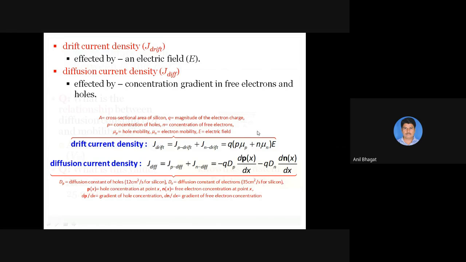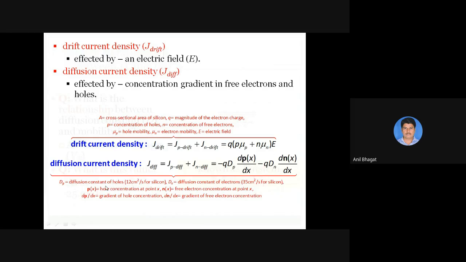E is nothing but the electric field, along with the concentration gradient of free electrons and holes. So this is a very important formula for drift current. J drift is equal to Jp drift plus Jn drift, similarly q p mu p plus n mu n times E. And the formula for diffusion: put the value of q, then dp(x) by dx minus q dn(x) divided by dx.